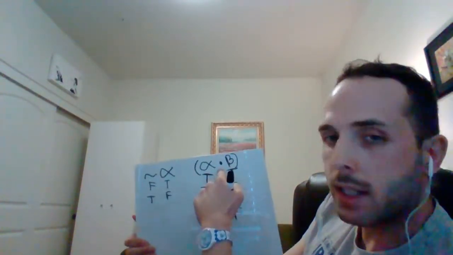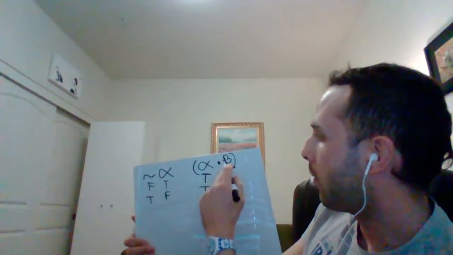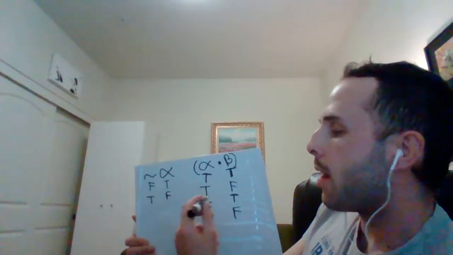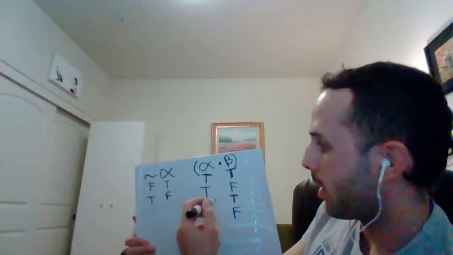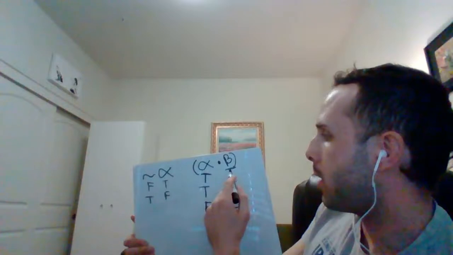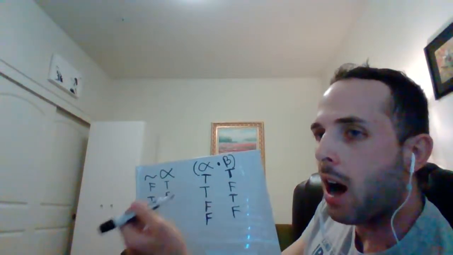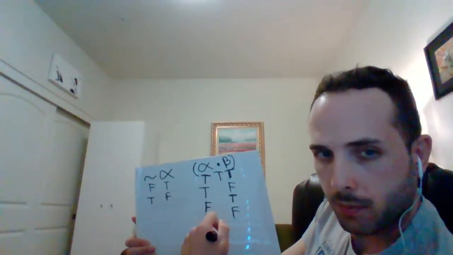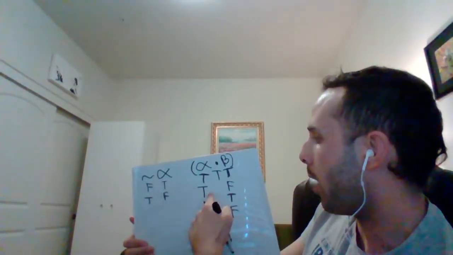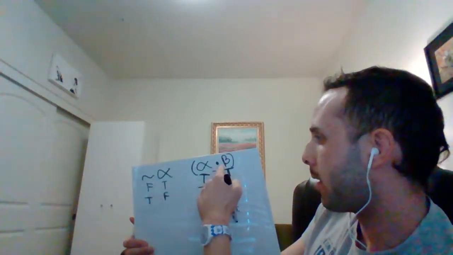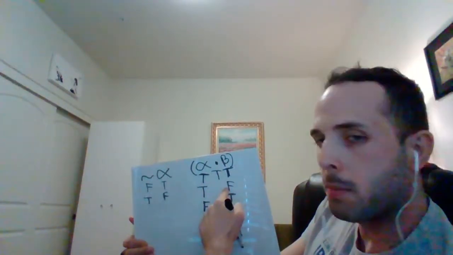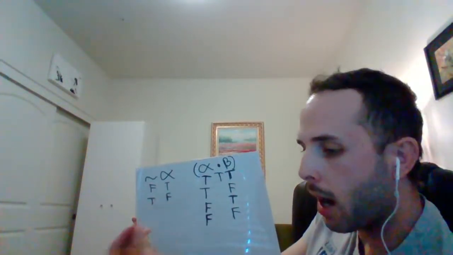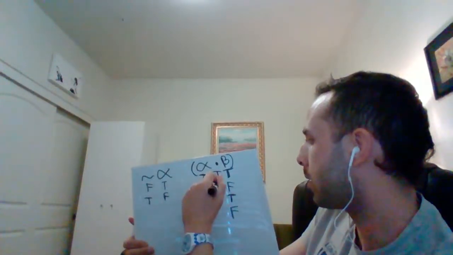And we are going to designate a function for this operator. So if I say alpha and beta, and alpha is true and beta is true, the statement alpha and beta is going to also be true. If I say alpha and beta, and alpha is true but beta is false, my statement alpha and beta is going to be false.